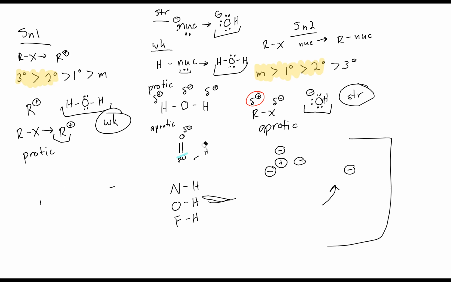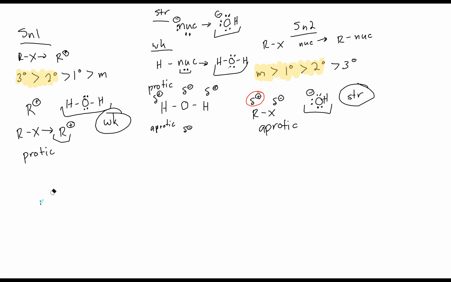All right, awesome. Let me erase this very quickly. There's one last thing we have to talk about. This next factor has to do with both SN1 and SN2. Oh, sorry, first, SN1 and protic solvents. Protic solvents isolate each part of a reaction.